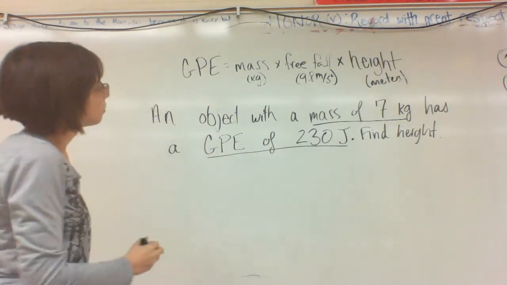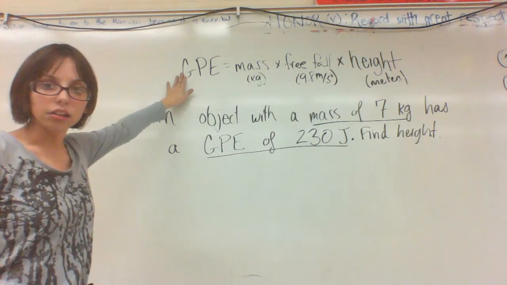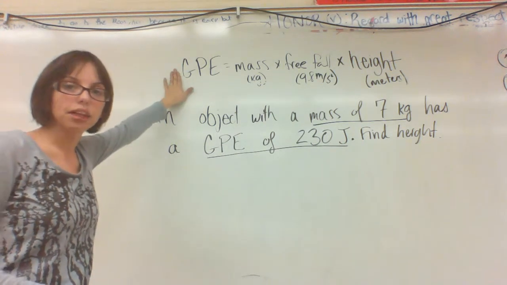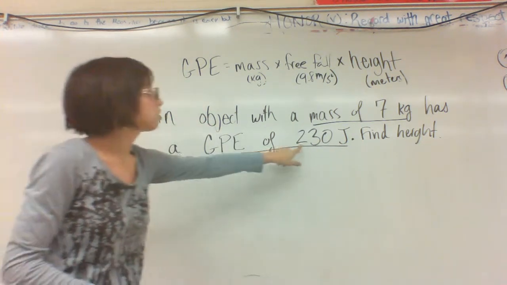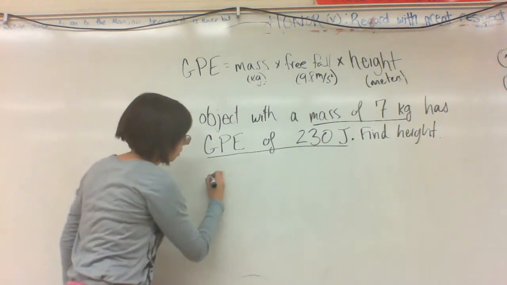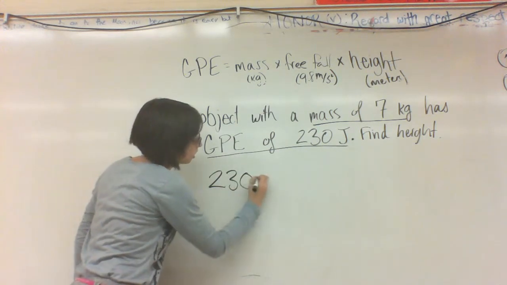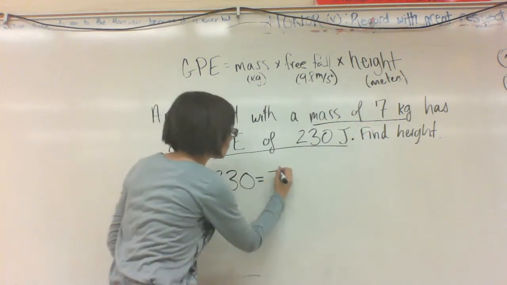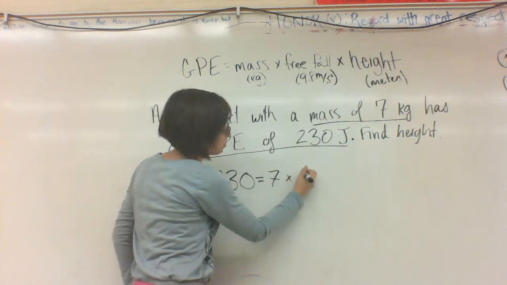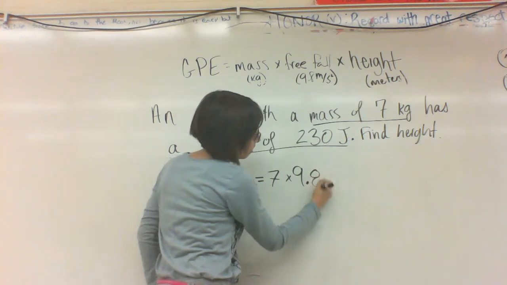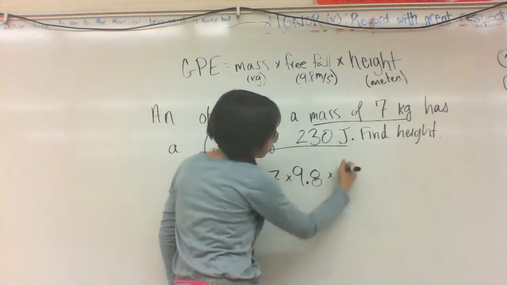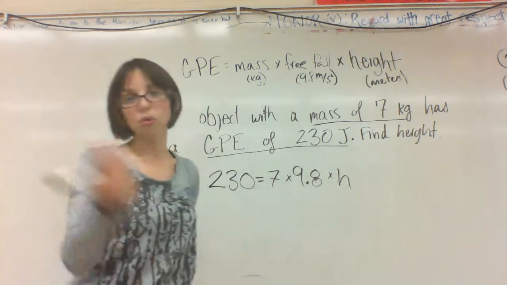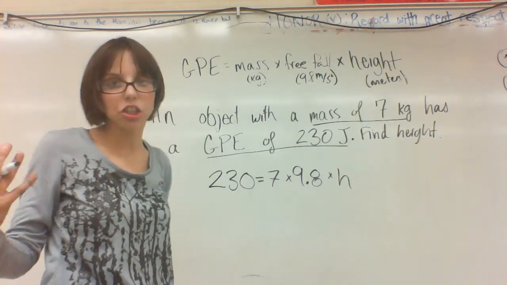So, during that awkward pause, you also put them in the right place. You know that 230 joules, that goes on this side. 230 equals mass 7 times 9.8 times this number we don't know, which is height. I'll just leave it as an H.